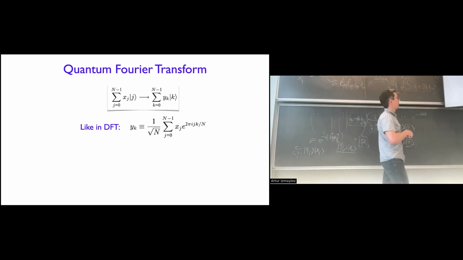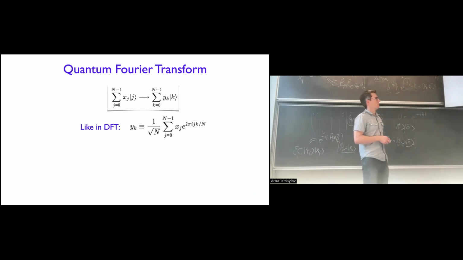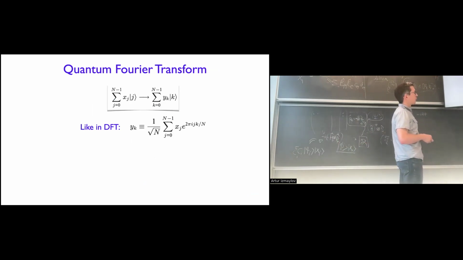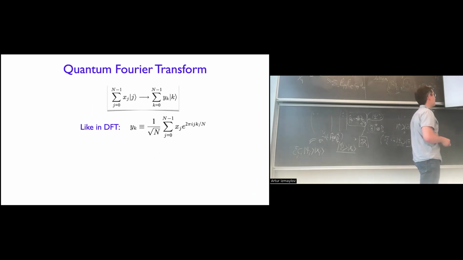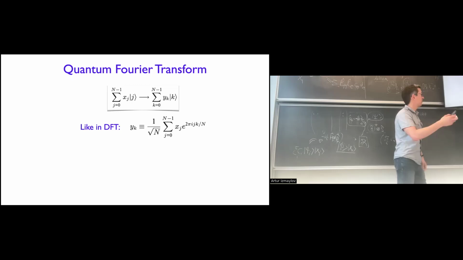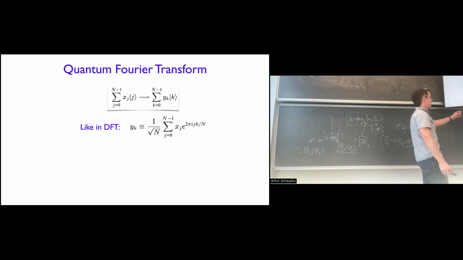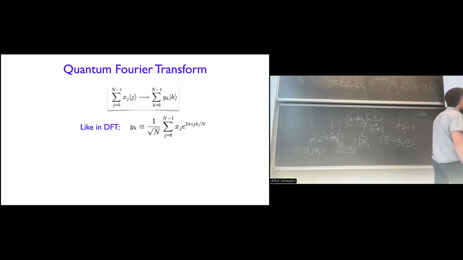But for that, we need a quantum Fourier transformation. Okay, so the quantum Fourier transformation is defined like this. It's like a discrete Fourier transformation in classical physics. Let's say this is the way we do Fourier transformation if we discretize our points.